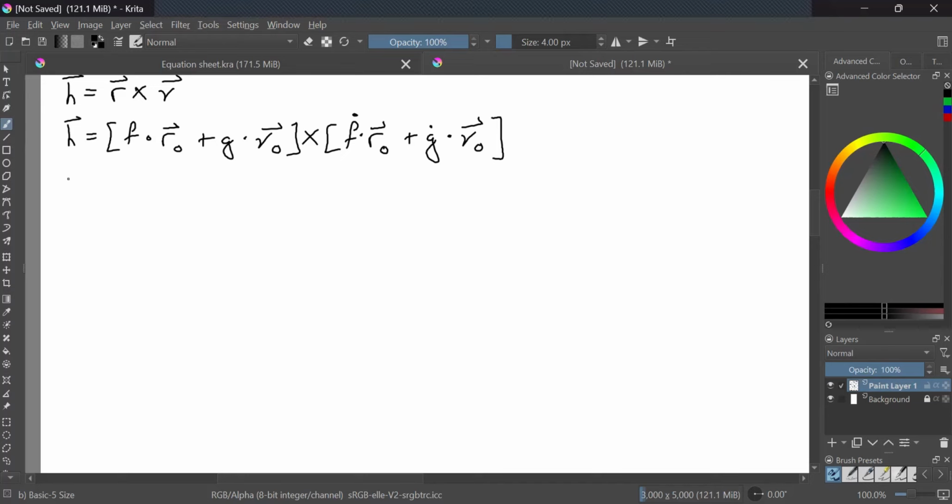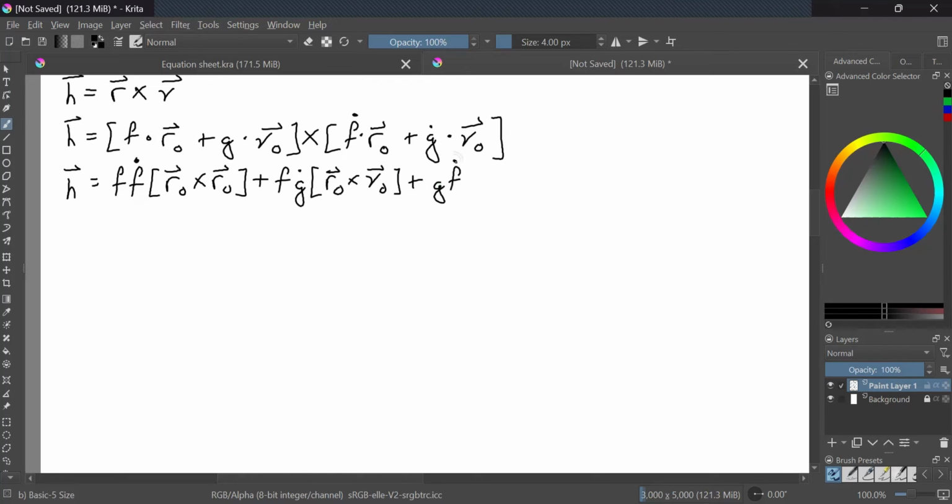So to distribute that, will give us an f times an f dot times r naught crossed with r naught, plus an f times g dot times an r naught crossed with a v naught, plus a g f dot, because for scalars, order doesn't matter, but it helps me with the vectors, because the order here does matter, v naught crossed with r naught, plus a g times a g dot, v naught crossed with v naught.